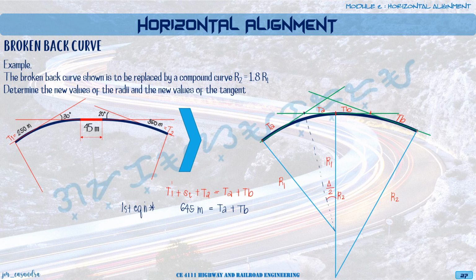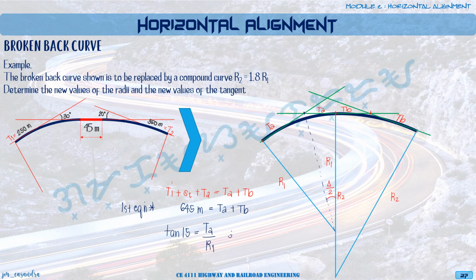So we could write by tangent that the tangent of delta divided by 2, so this is 30 divided by 2, so tangent of 15 is equal to opposite over adjacent, TA divided by R1.